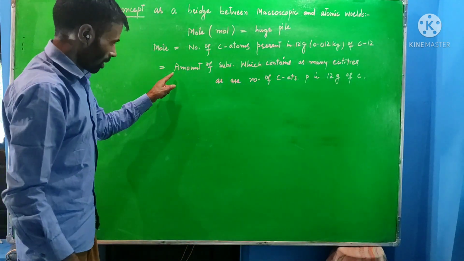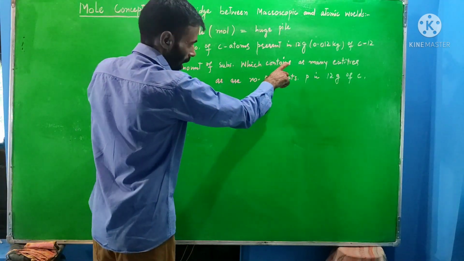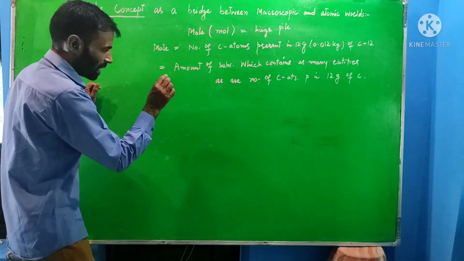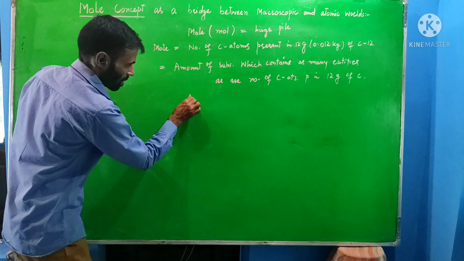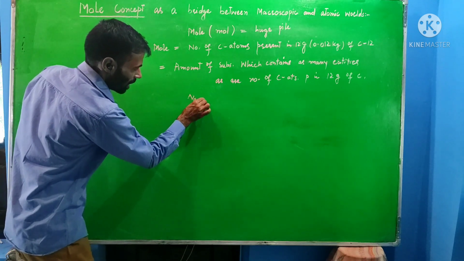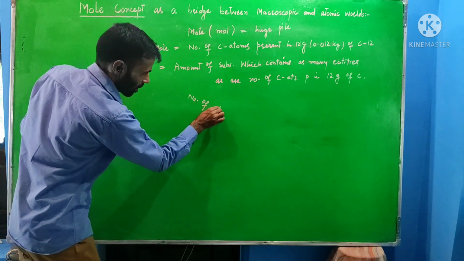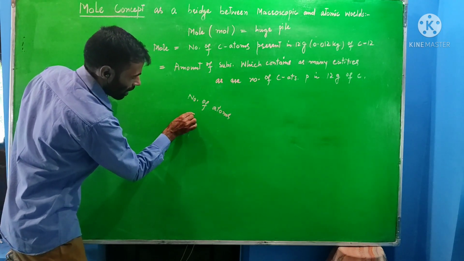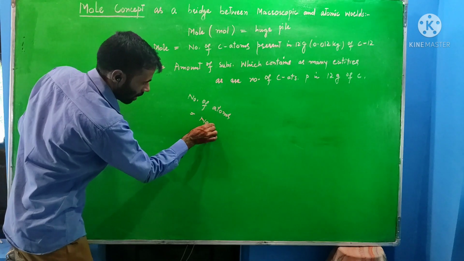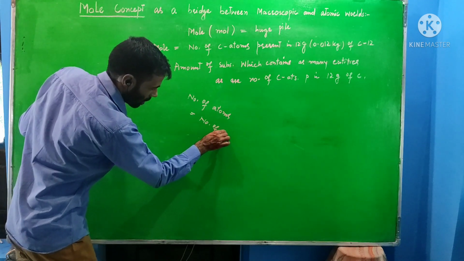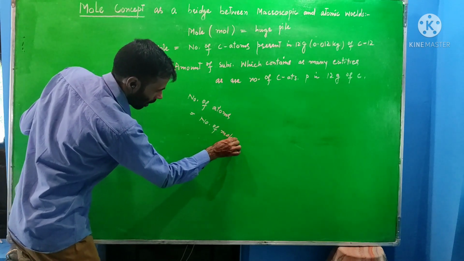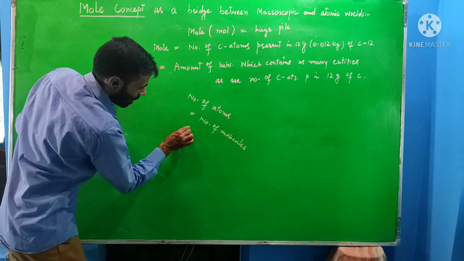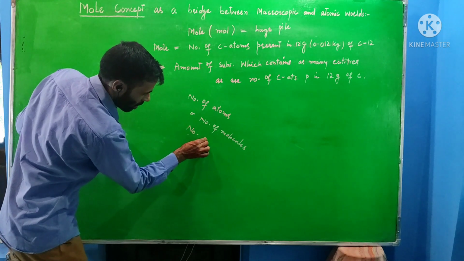So in this definition we have used the word entities. Entities may be the number of atoms in the case of an element, and in the case of a compound, the number of molecules. In the case of any ionic substance, they are the number of ions.